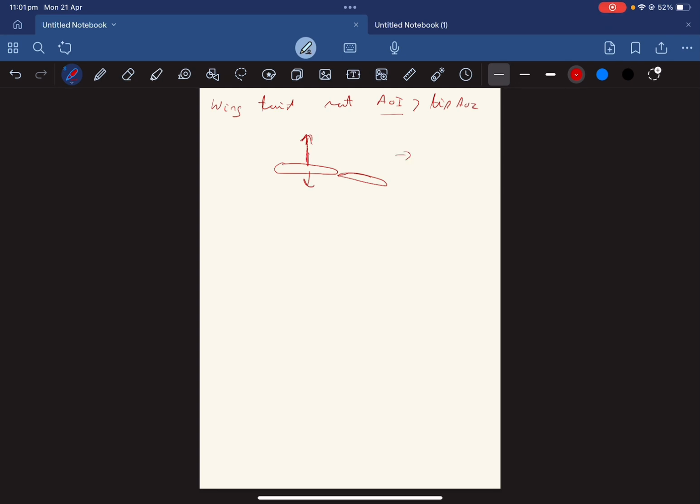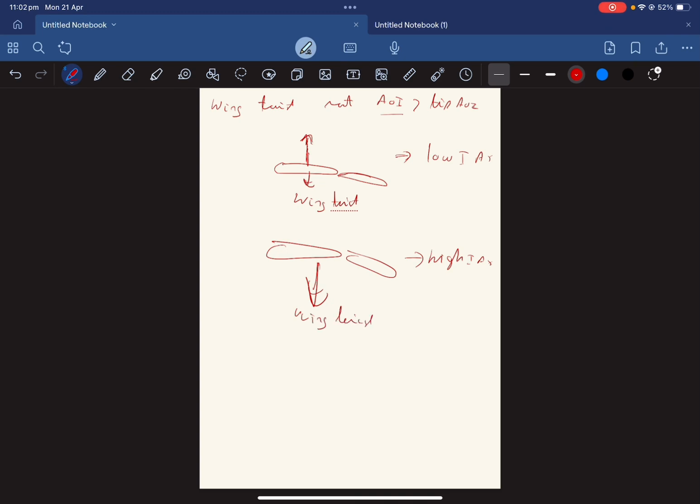Although it will reduce the force by acting in the opposite direction, it's not enough to reverse it. But what happens at high speeds, this force, the force because of wing twist, this is the wing twist, right? You twist the wing and you reduce angle of incidence. This force, at high speed, so this is low speed and this is high speed, right?